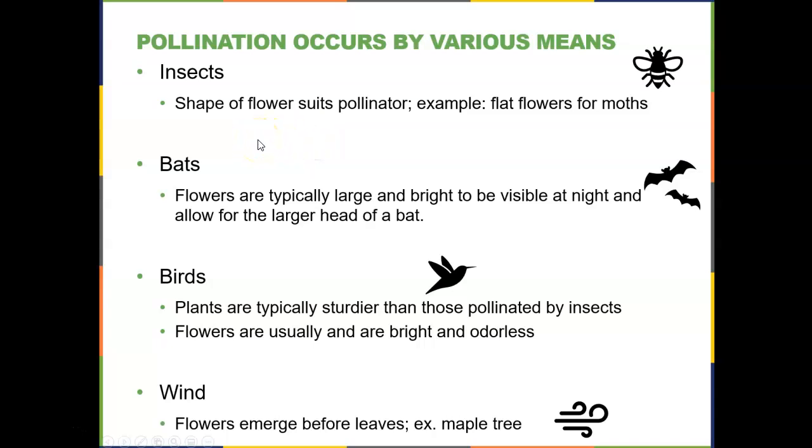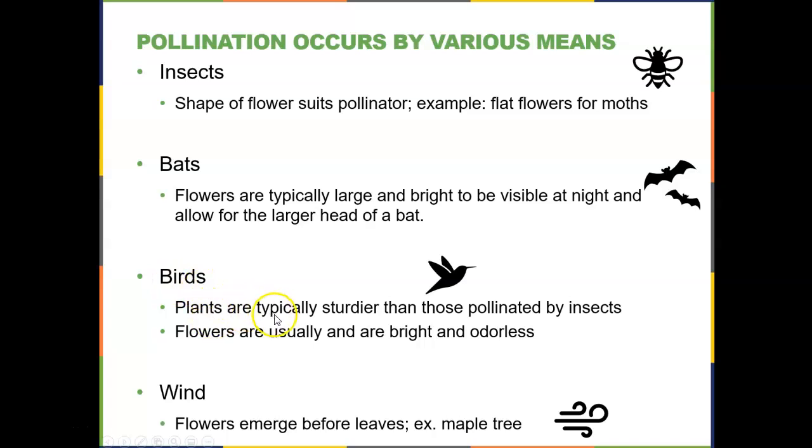So the flower shape may indicate which kind of pollinator works best for which insects. Now, bats, which are animals, will tend to pollinate flowers that are typically large and bright and visible at night. So sort of bright white flowers that might glow a bit. And they have to be fairly large to fit the head of the bat.